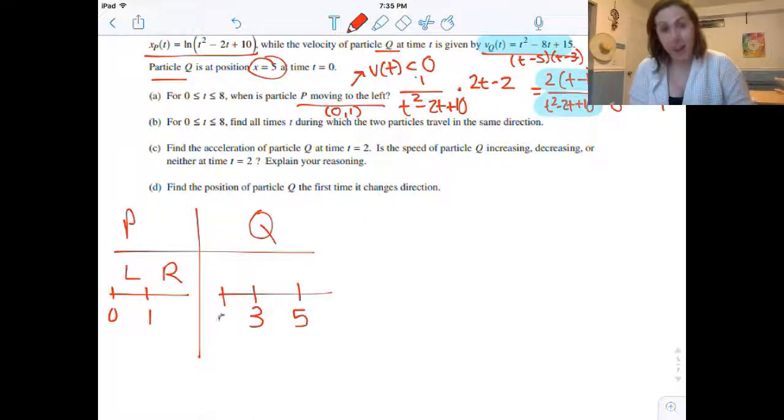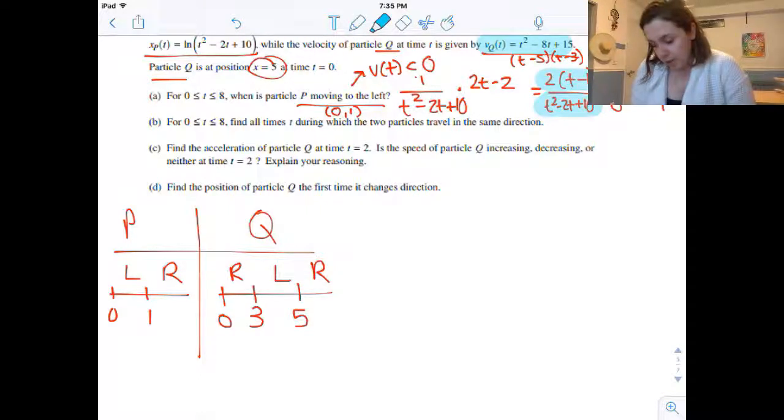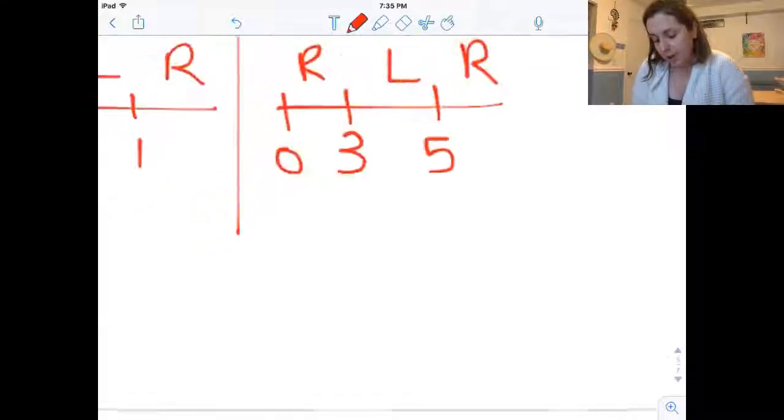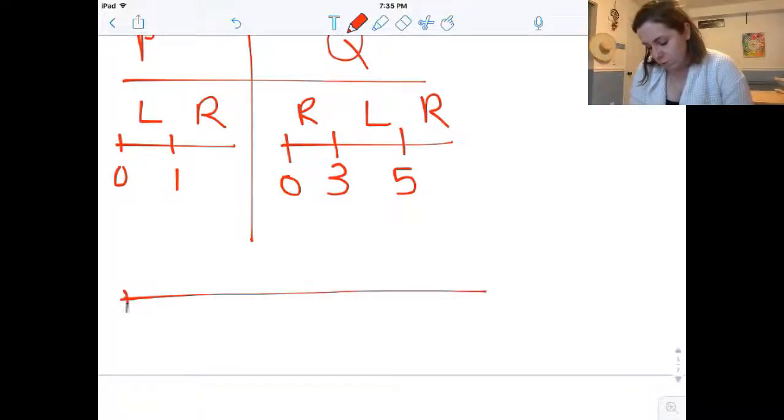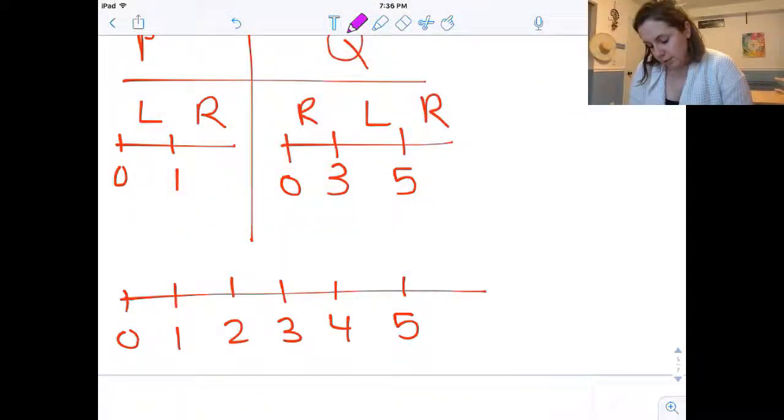And I want to start at 0 because that's where my interval starts. So this is going to be moving to the right, to the left, and to the right if we do sign analysis. I want to know where they're moving in the same direction. So that's what I'm looking for here. It's almost helpful to put them all on one chart. So if I do from 0 to 1, 2, 3, 4, 5, particle P is moving to the left from 0 to 1, and then to the right everywhere after.